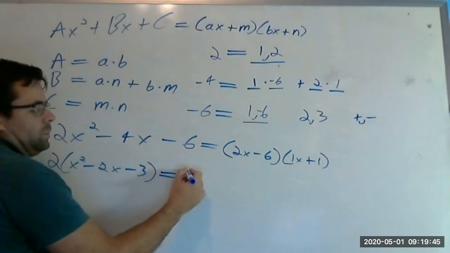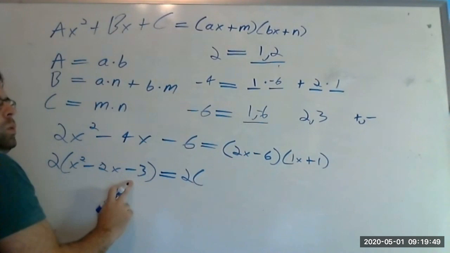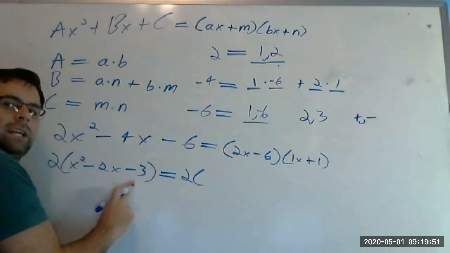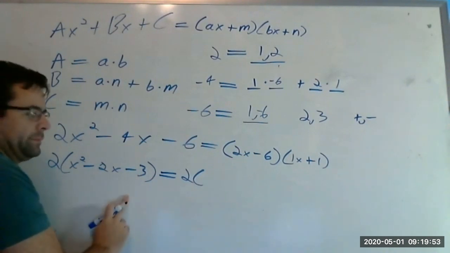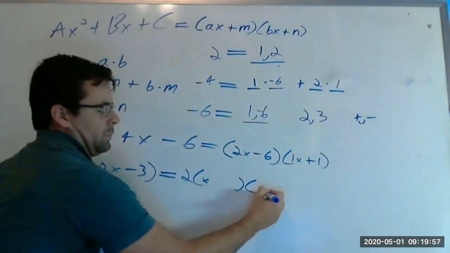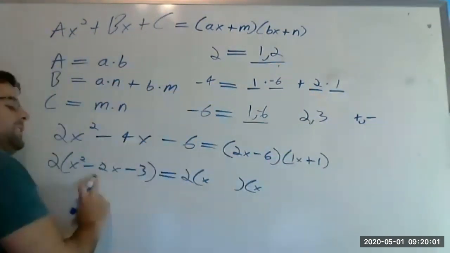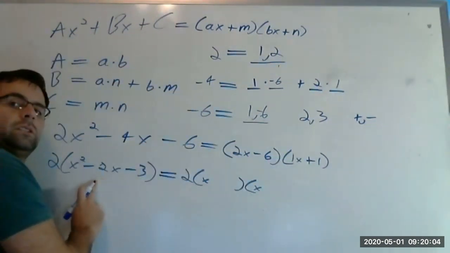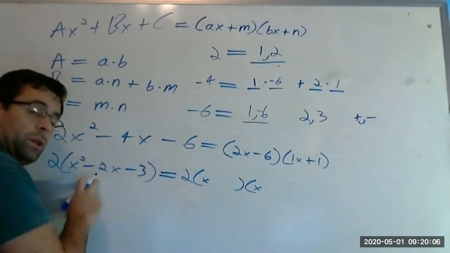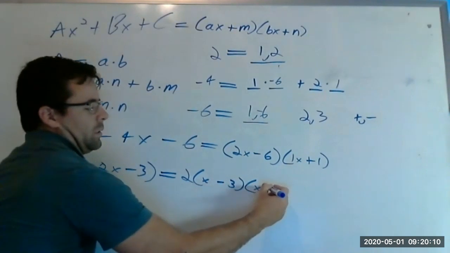So what two numbers multiply together to give you -3? One and three, but one of them's negative. Yeah, and since this is -2, then the bigger one is negative. So x minus 3 and x plus 1.